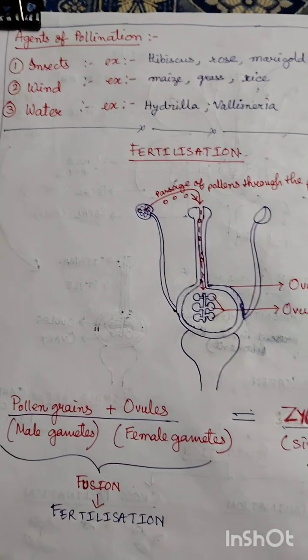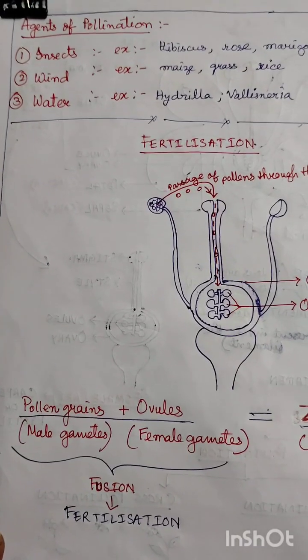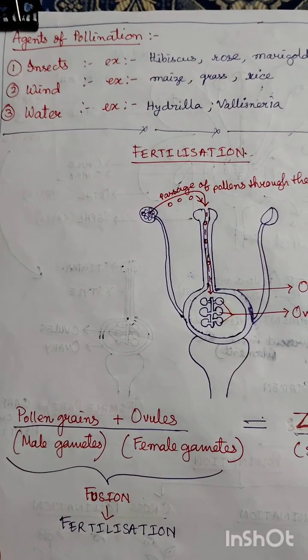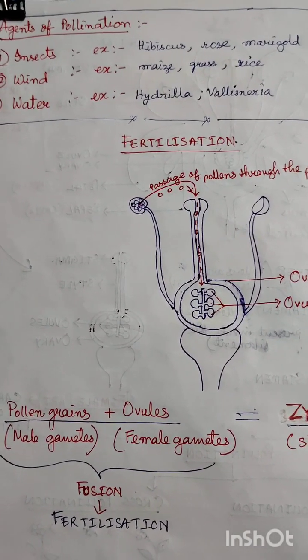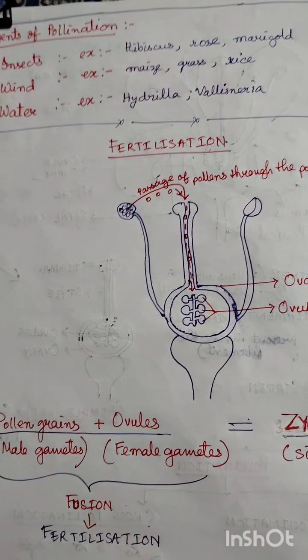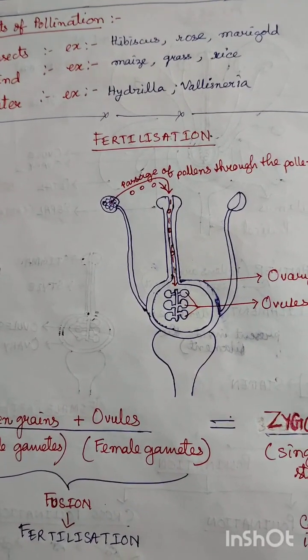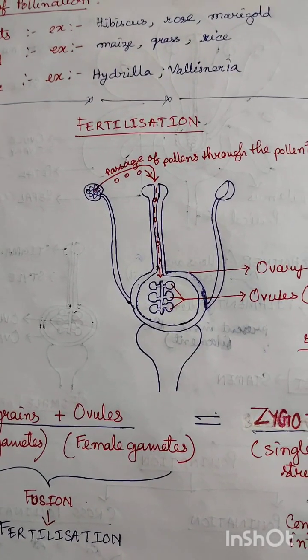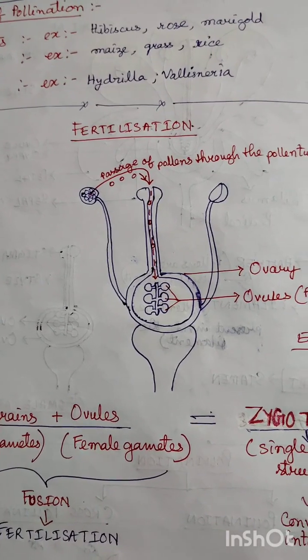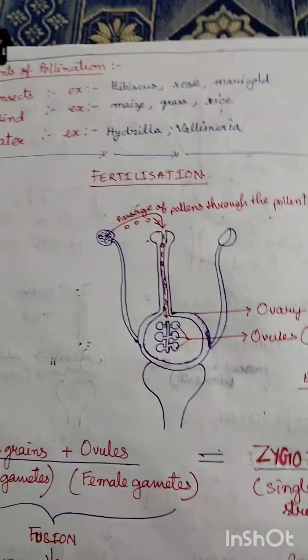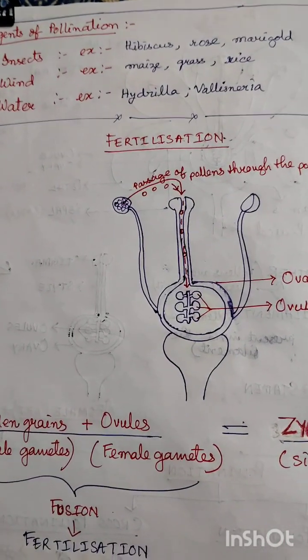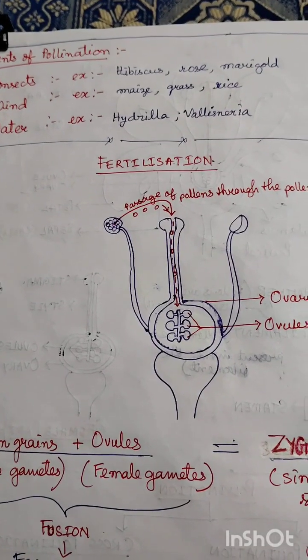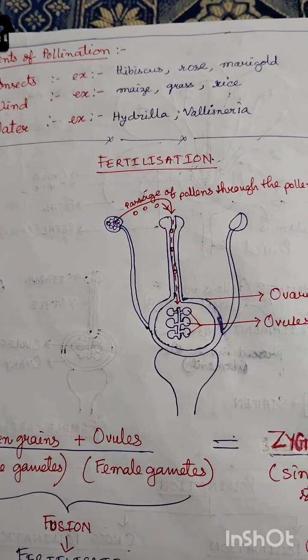Now, pollination by water. Pollination by water occurs in aquatic plants such as Hydrilla and Vallisneria. These are all water plants, aquatic plants. In the case of water plants, pollen grains are waxy. Why? Because they are underwater and there is a huge amount of water.